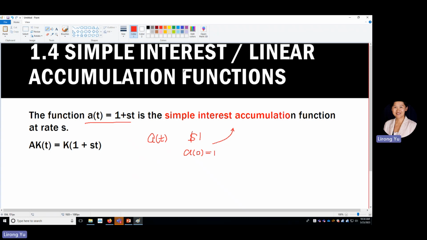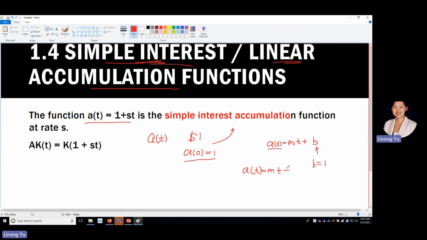If it's simple interest, meaning a linear accumulation function, then a of t is supposed to be, say, mt plus b. b will be the intercept and m will be the slope. Since a of 0 is 1, a of 0 equals b, that's the initial value, and therefore b has to be 1. That gives us a of t equals mt plus 1.